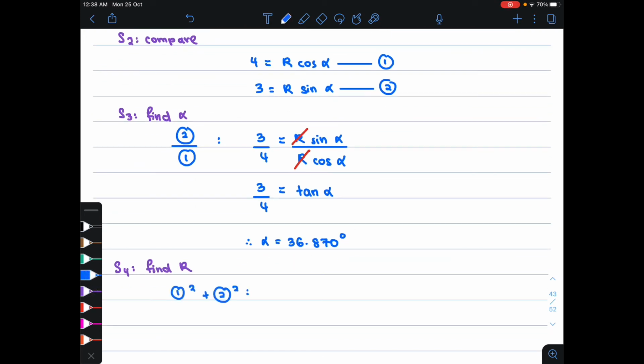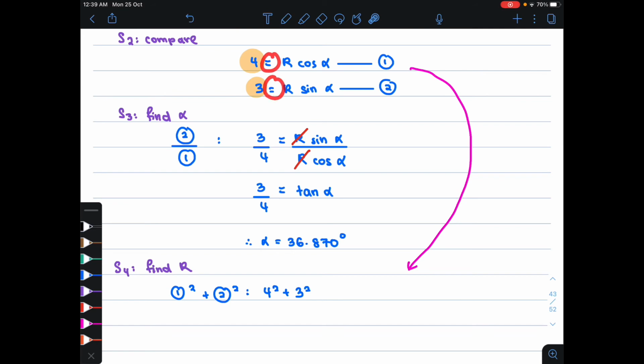To find r, you need to use equation 1 squared plus equation 2 squared. This is equation 1, this is equation 2. Let's do the left hand side first. You take equation 1 and square it, so you'll get 4 squared plus, and then you take equation 2 and square it as well, so you'll get 3 squared.